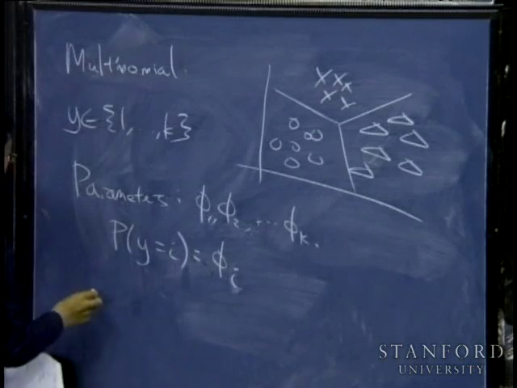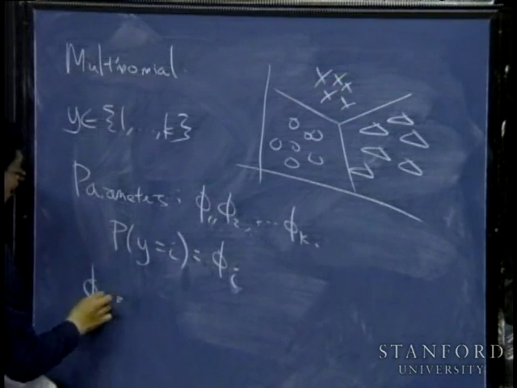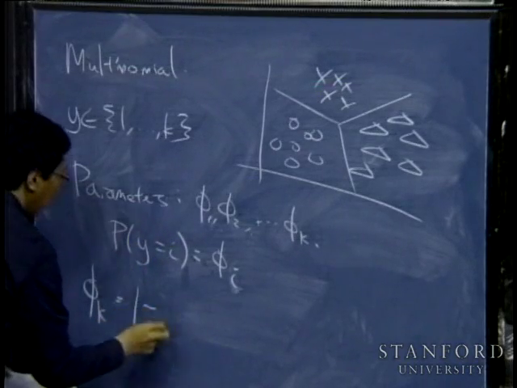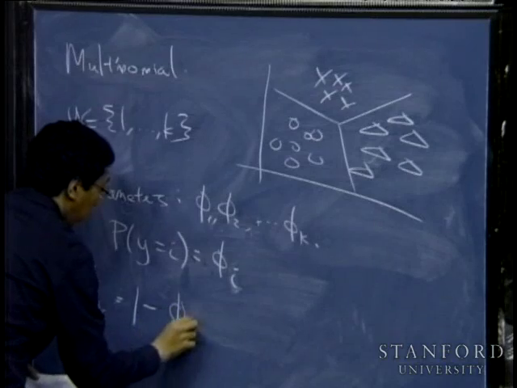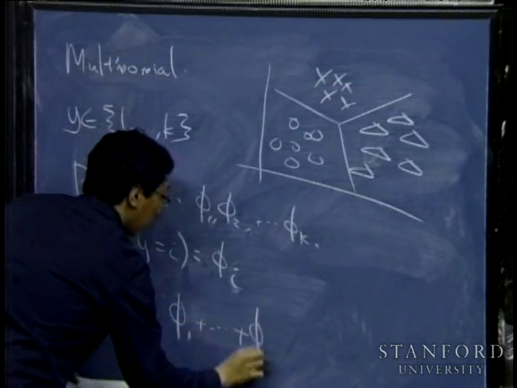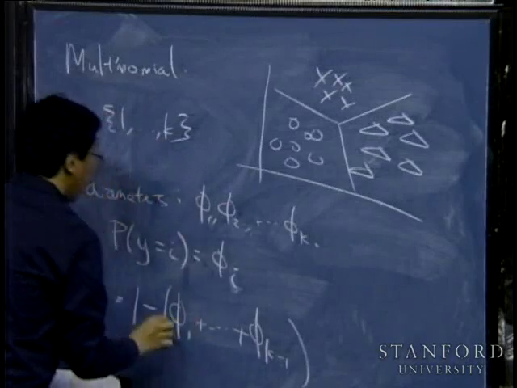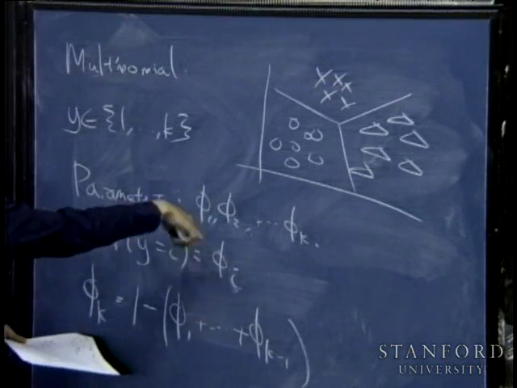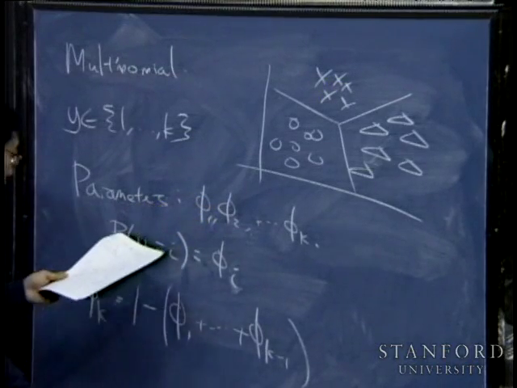And therefore, for example, I can derive the last parameter phi k as 1 minus phi 1 up to phi k minus 1. So this would be a redundant parameterization of a multinomial.